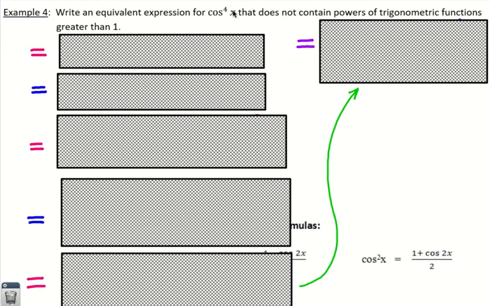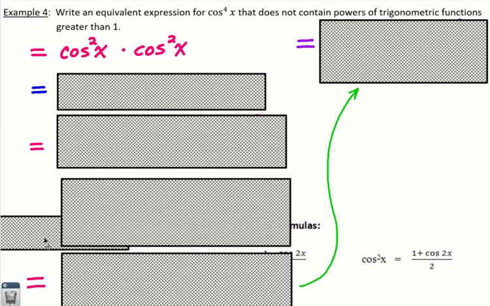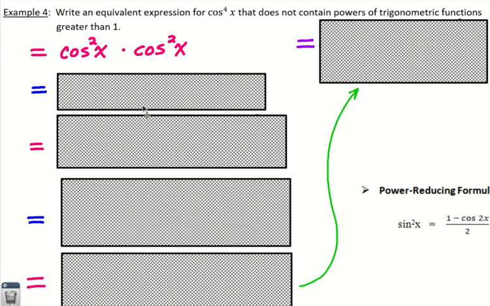Well, no, but couldn't we rewrite cosine to the 4th as cosine squared of x times cosine squared of x? Of course we can. So what we're going to do now is apply this formula to this guy and this guy. That's the strategy.